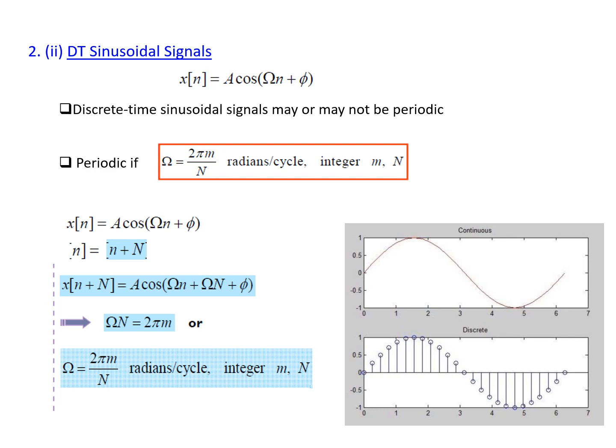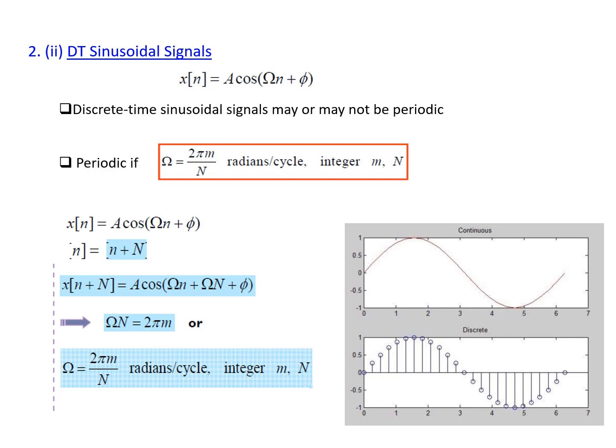That is, the angular frequency of a periodic discrete time sinusoidal signal has to be a rational multiple of 2 pi radians, because N and m both are integers. That means the ratio of two integers is always a rational number. So only when omega is a rational multiple of 2 pi radians. This is the condition you have to fulfill in order to make a discrete time sinusoidal signal periodic.